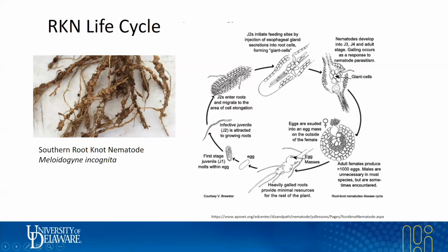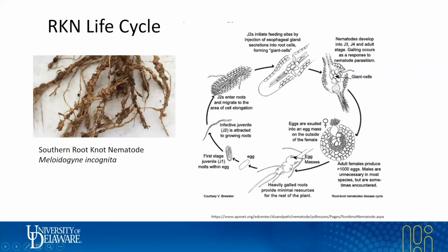And in the case of root knot nematodes, with this feeding site that they make, they basically cause things in the cell to go haywire, and they start forming these giant cells. So there's a lot of cell division that's happening. So all of a sudden, you start seeing this swell and get galling. And from there, that's where it's going to set up camp, continue to feed. These galls will expand, and then we may see symptom development and yield decline.